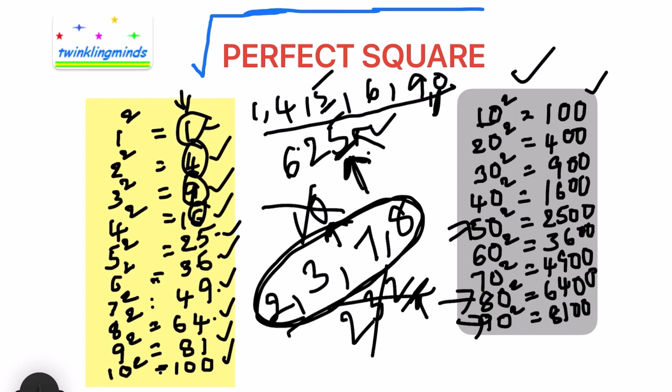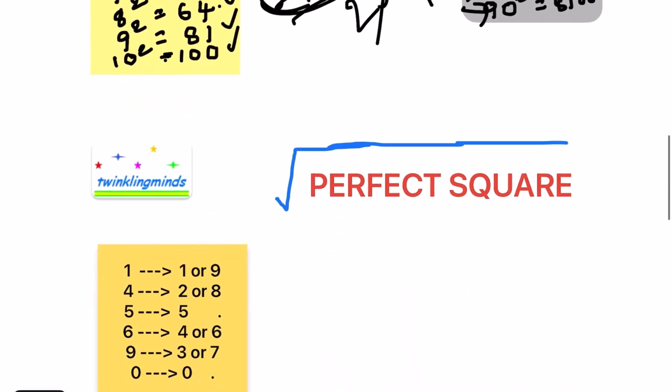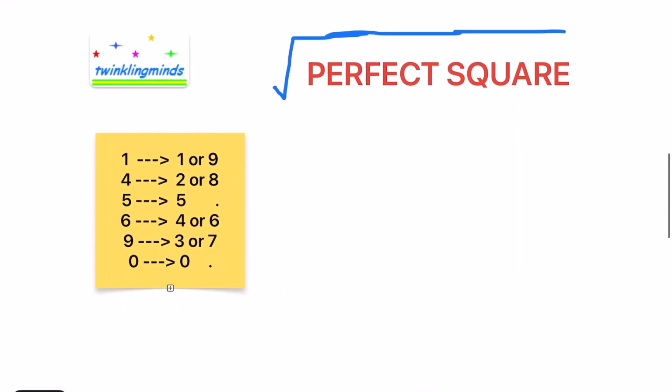The process is going to be a little bit lengthy, but if you get familiarized with this, then you can quickly calculate the square root values. So let us take a couple of examples.